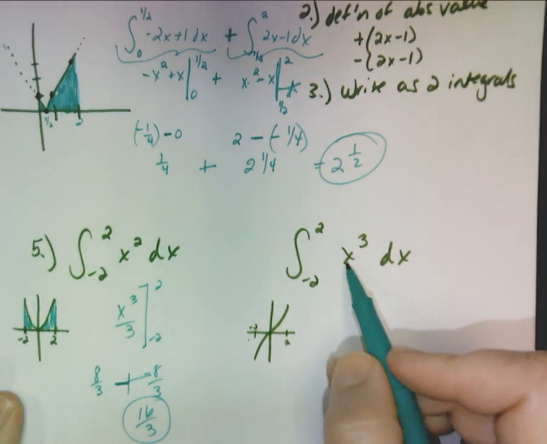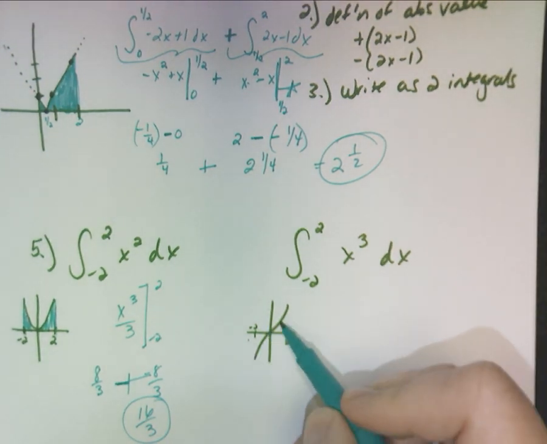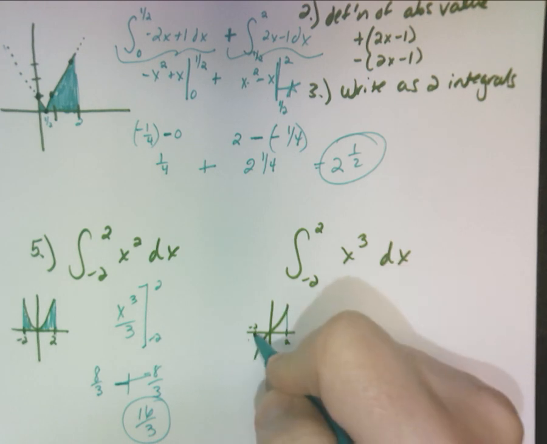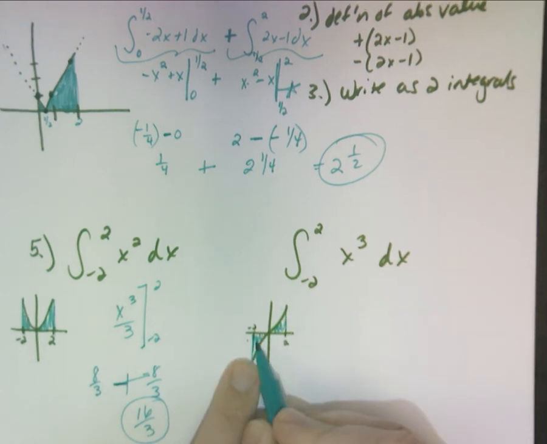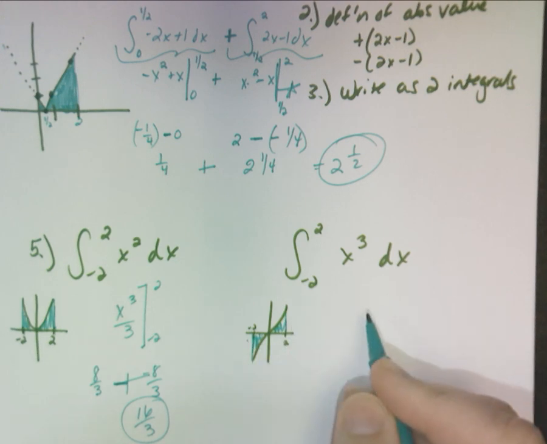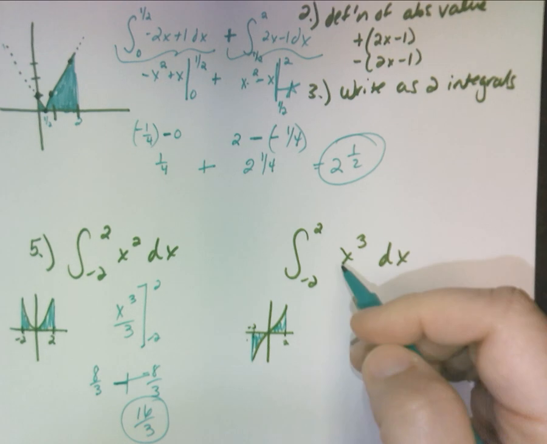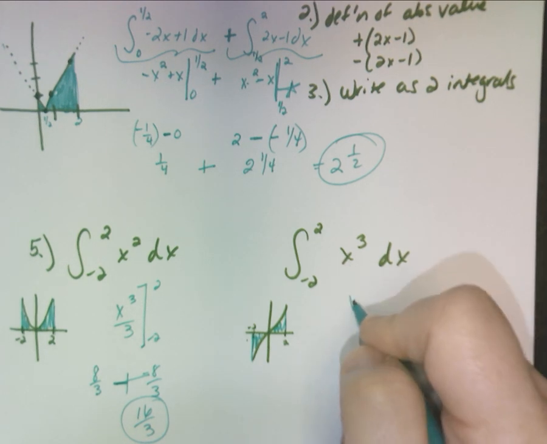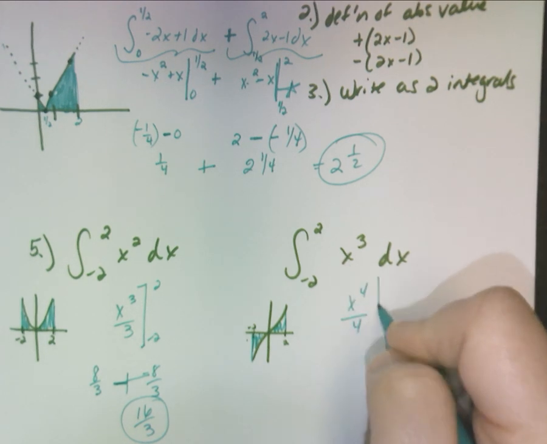If you have x cubed, remember it looks like this, and you're going to go from negative 2 to 2. Remember doing this? Remember this was a negative area. This was a positive area. What do you think is going to happen here? Well, let's see. This would be x to the 4th divided by 4.